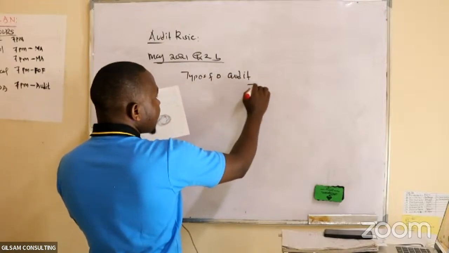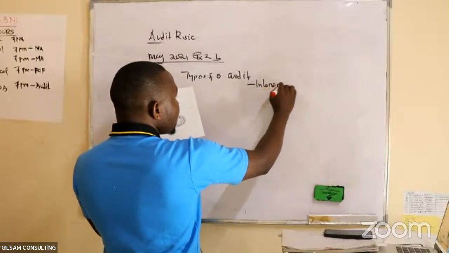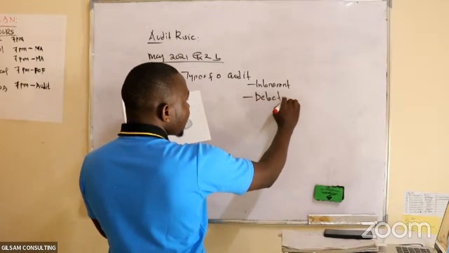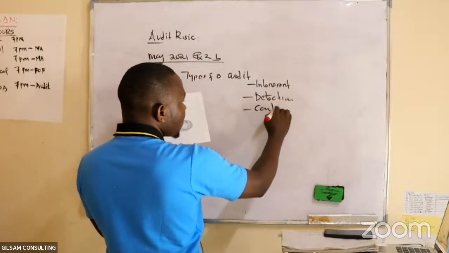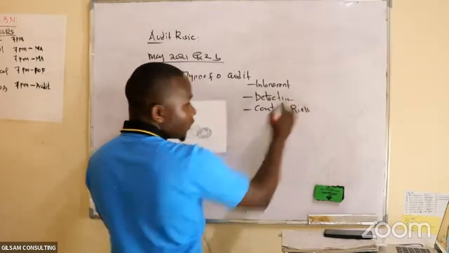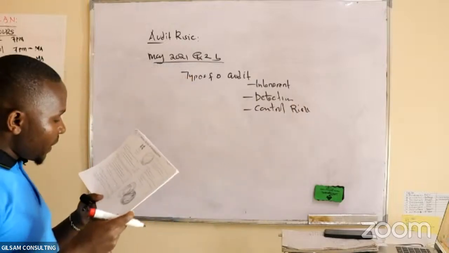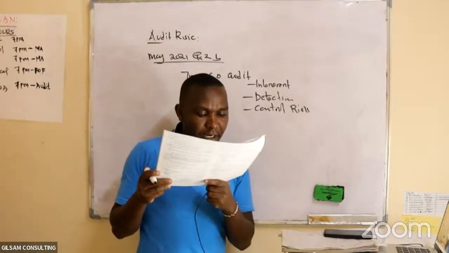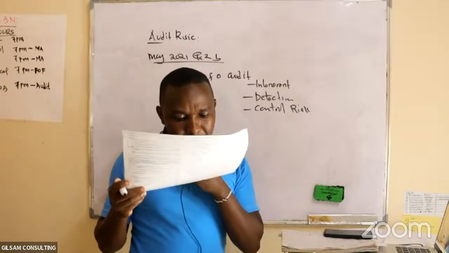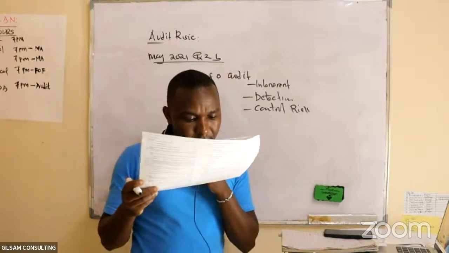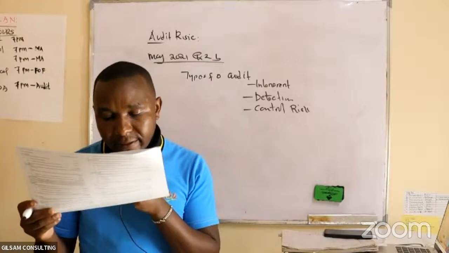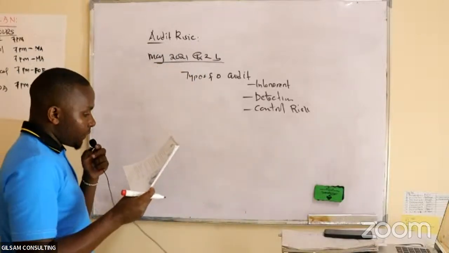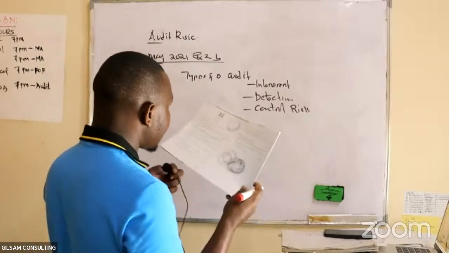So you will say inherent. You list first inherent, and then we have detection, and we have the control risk. And then B asks: examine the benefits that could accrue to a firm that undertakes risk classification.